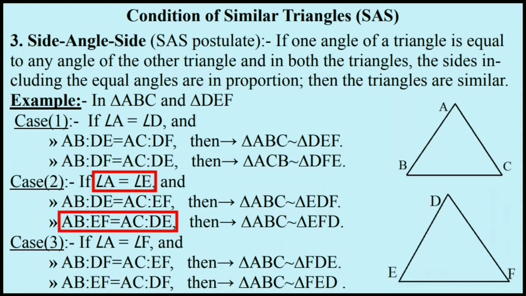Now, for the same angle A equal to angle E, if the sides ratio AB by EF is equal to AC by DE, then triangle ABC is similar to triangle EFD, where angle A is equal to angle E, angle B is equal to angle F, and angle C is equal to angle D. And the same way you can take case 3 and check.